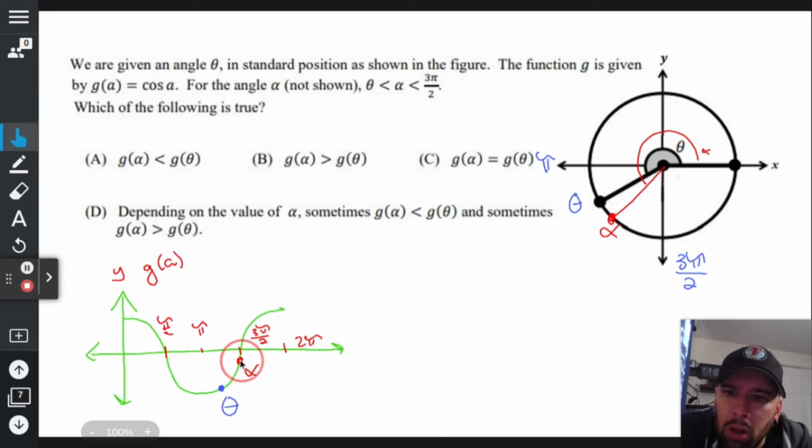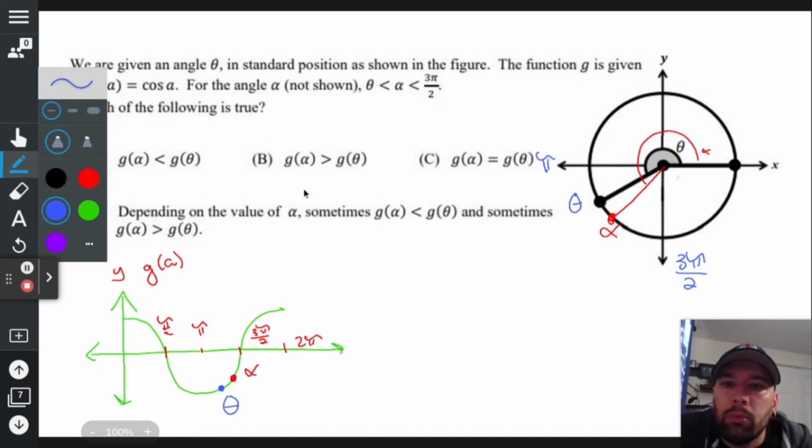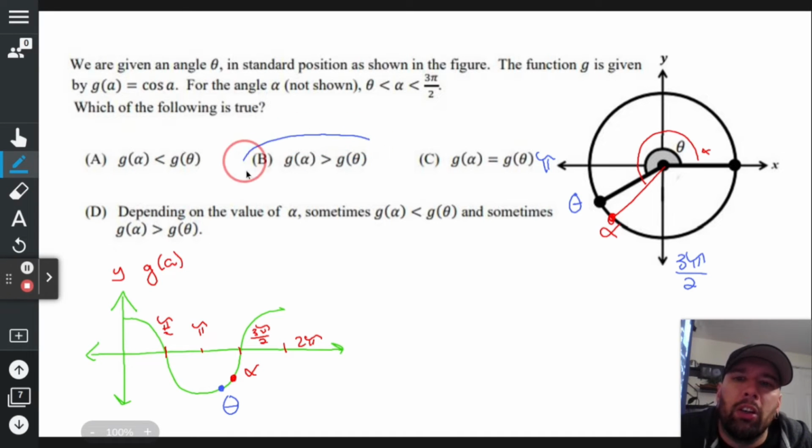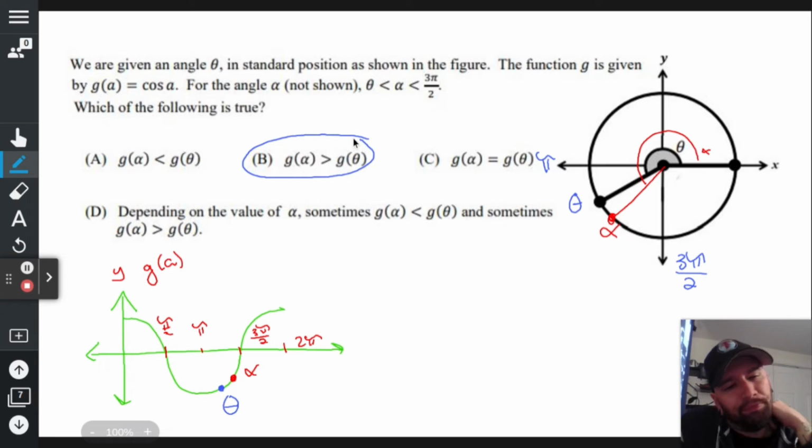In other words, no matter what, g of alpha is going to be greater than g of theta.